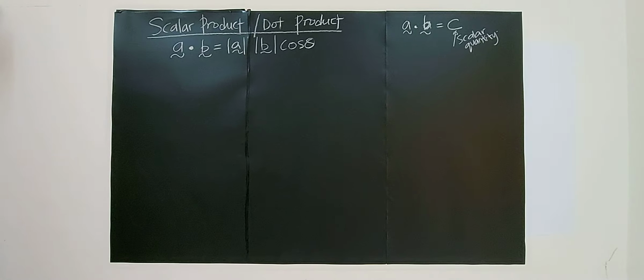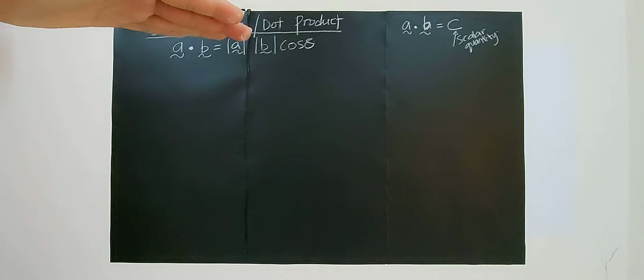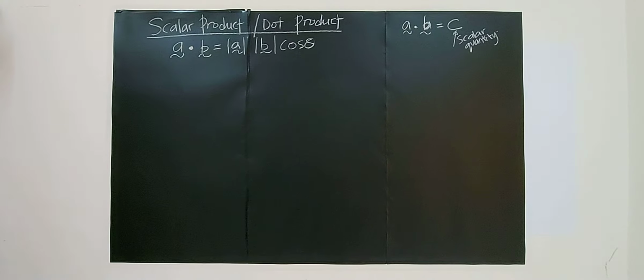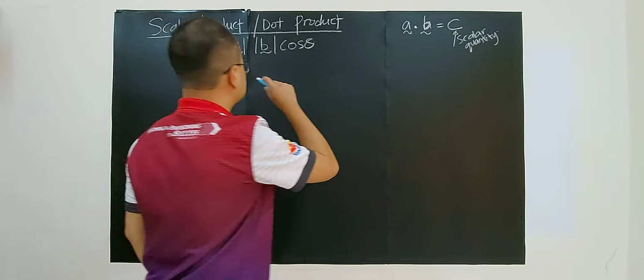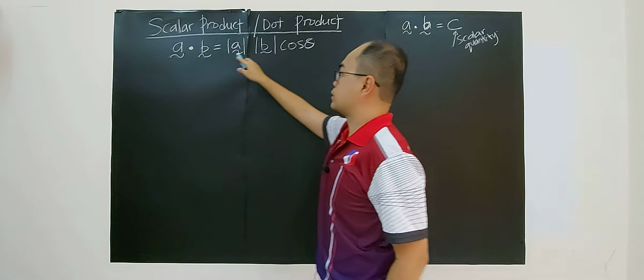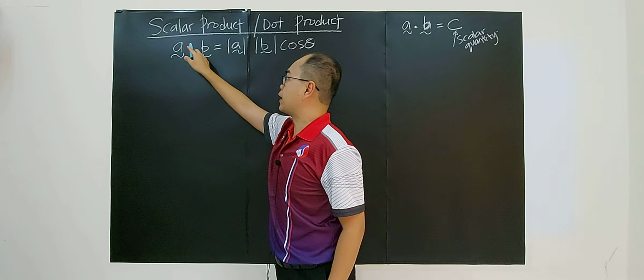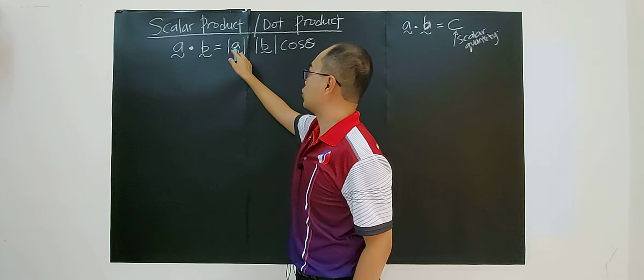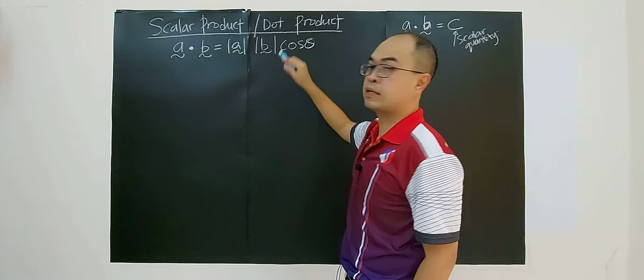This will be a very important definition, as we can use it to get a lot of useful results. We read this as vector A dot vector B, equals magnitude of A multiplied by magnitude of B, cosine theta.